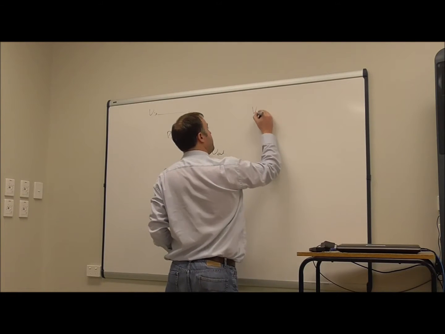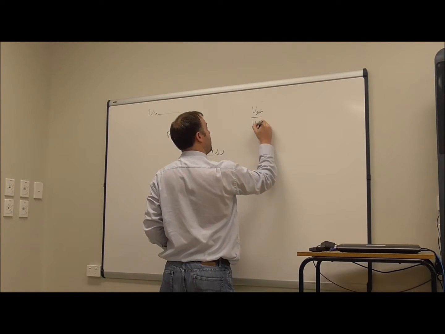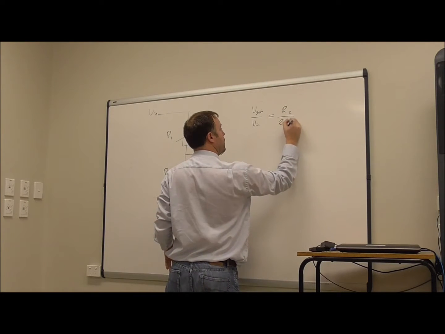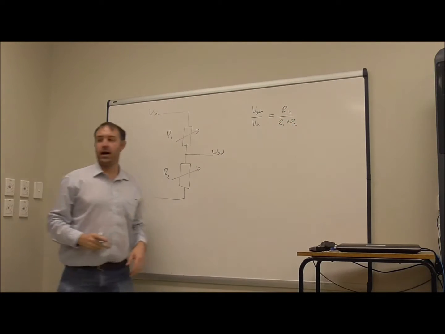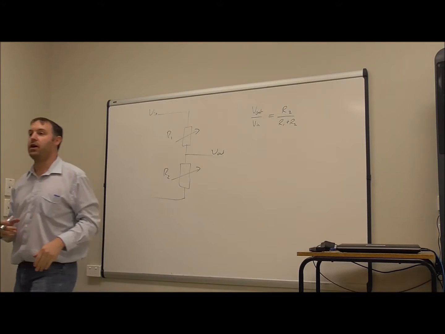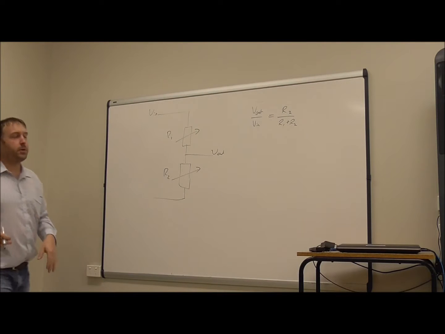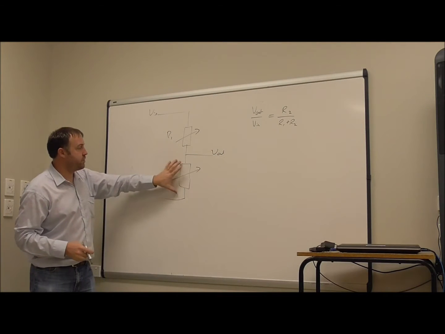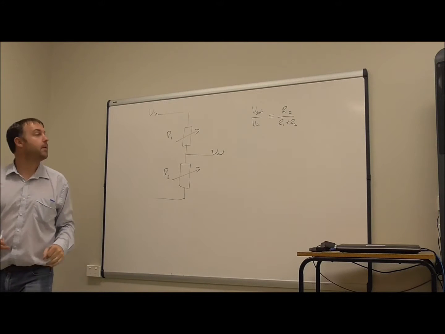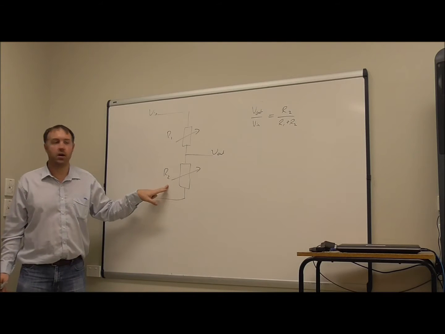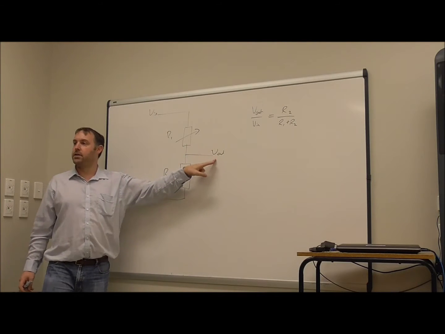Okay, so that's just another way we can look at the voltage divider formula. We're looking at the ratio of the voltages being equal to the ratio of this resistance to the total resistance. Okay, and if I were to increase R2, what does that do to V out?